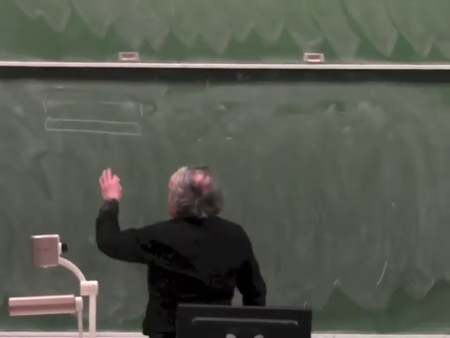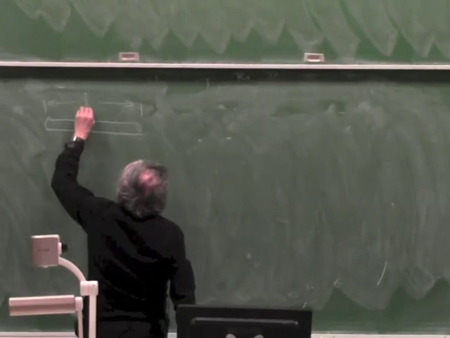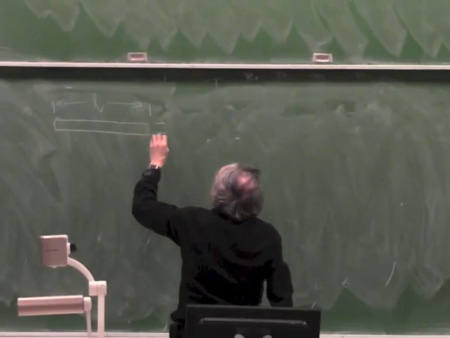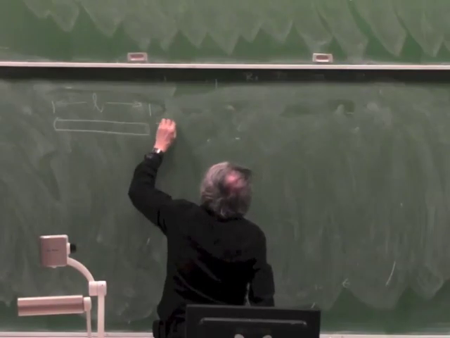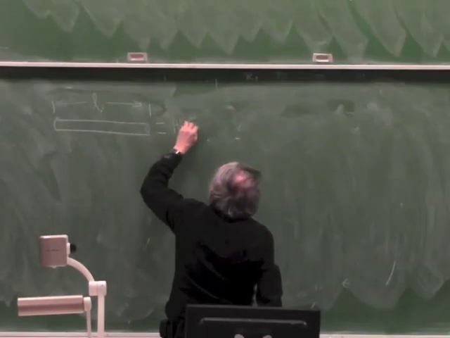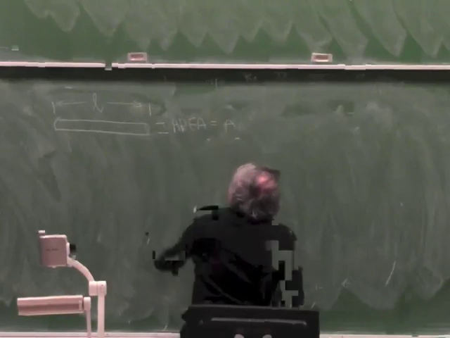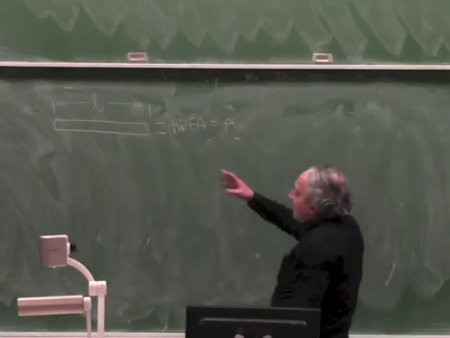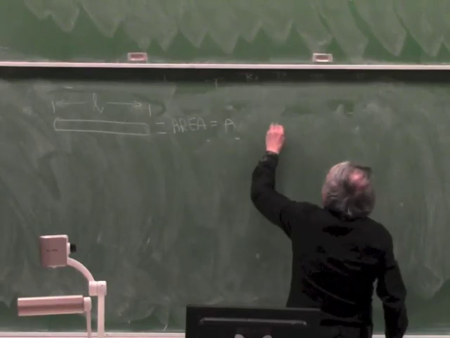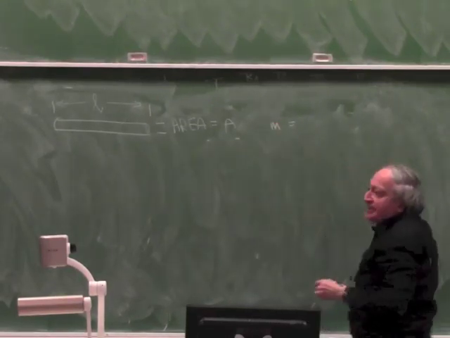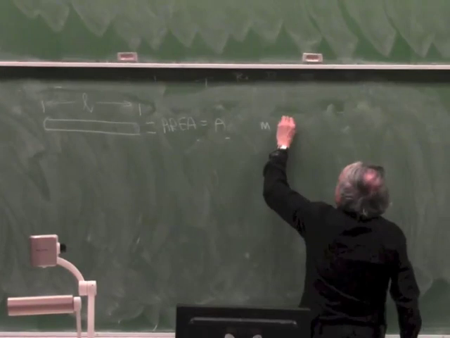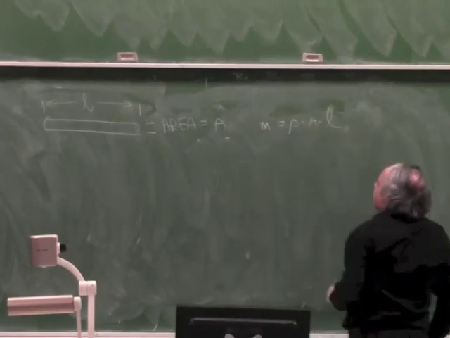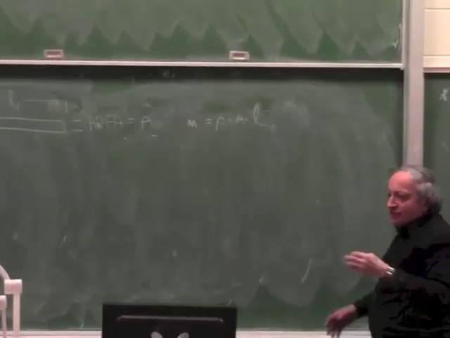Okay, so I have a conductor of length L. The conductor has cross-section area A. The mass of such a conductor will be the density, which is rho, times A times L, of course in the right units.